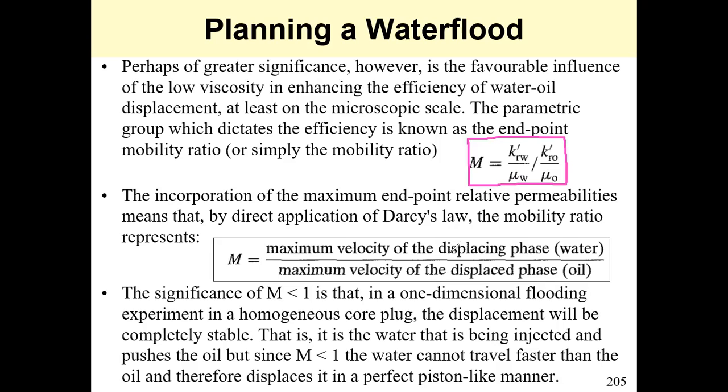So the significance of having a mobility ratio less than 1 is that on a one-dimensional flooding experiment in a homogeneous core plug, the displacement will be completely stable. That is, the water being injected pushes the oil, since it can't travel faster than the oil, and displaces it in a piston-like manner. And I think I made this point in the previous video.